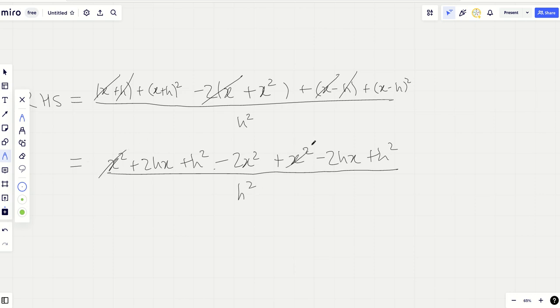Now the x squareds are cancelling with a minus 2x squared, the 2hx is cancelling with a minus 2hx, we've got 2h squared over h squared, which equals 2, which roughly equals, we can say, the second derivative at n. And that concludes the proof, or the justification.